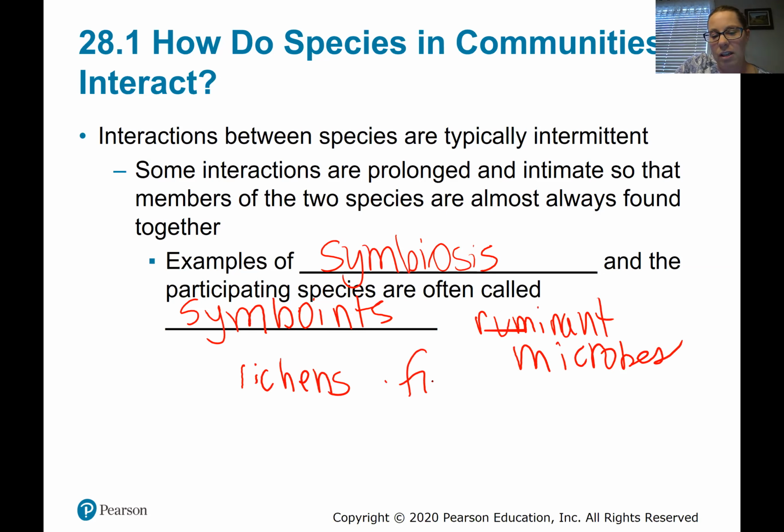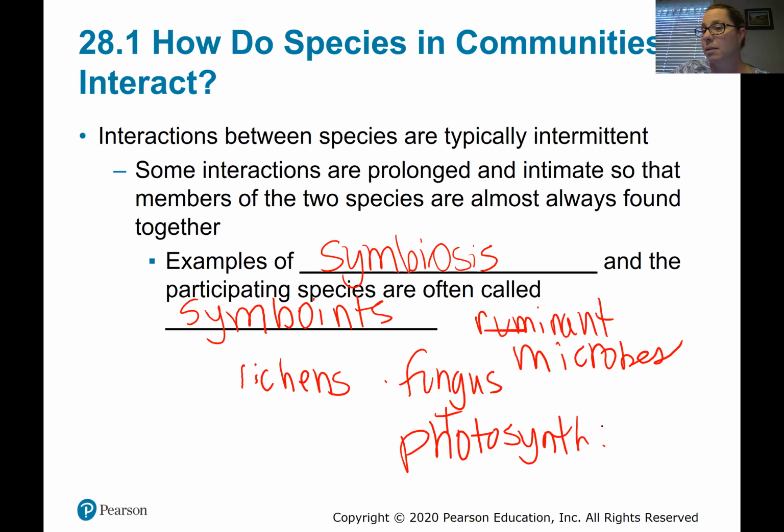They are a fungus plus a photosynthetic symbiont, so like bacteria or a protist. Okay, that is a symbiotic relationship. We also, with fungi, talked about mycorrhizae, which is a fungal and plant root relationship.